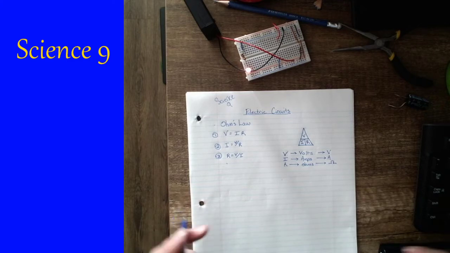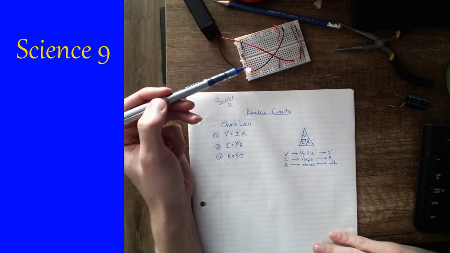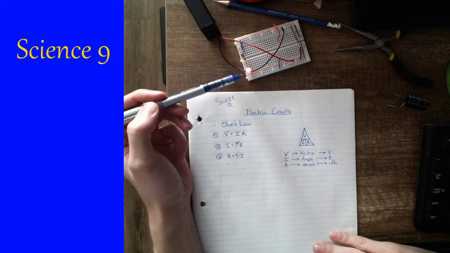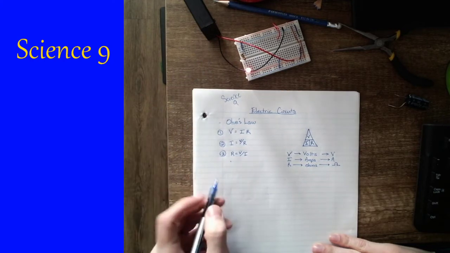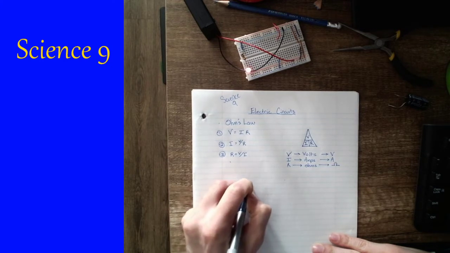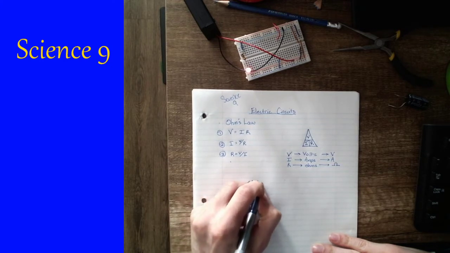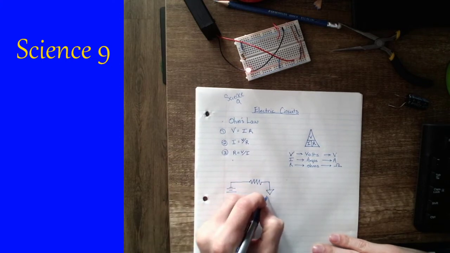So the next thing we're going to look at is we're going to apply this to the circuit we have right here, which is a series circuit with one resistor and one LED. So we have a voltage source tied to a resistor and an LED.